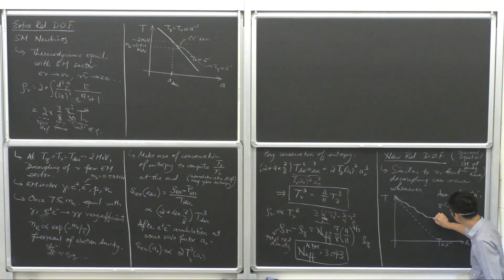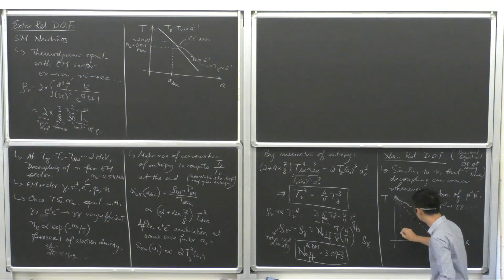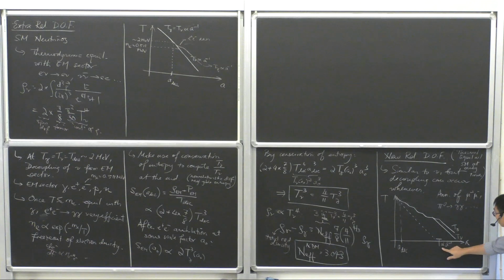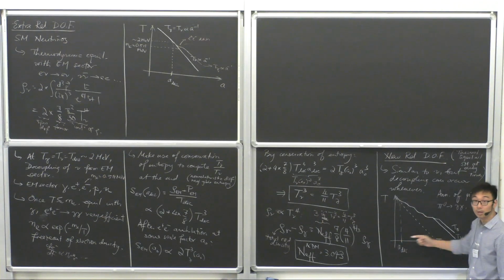And then at the last step, there's neutrinos, and then there's the electron decoupling, which gives you T_gamma. So what you see here is that depending on when this decoupling occurs, the ratio of T_NP, T new physics, compared to T_nu is going to be smaller if the decoupling occurs earlier.